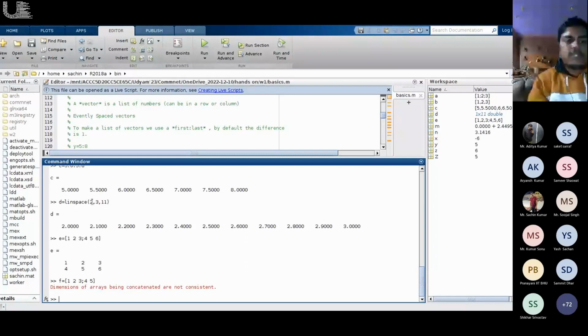So the first is the starting element, next is the ending element, and the next is the total number of elements. Also remember that we cannot get 10 equal gaps by writing 10. For creating 10 equal gaps, we have to write 11. You can just notice this here.